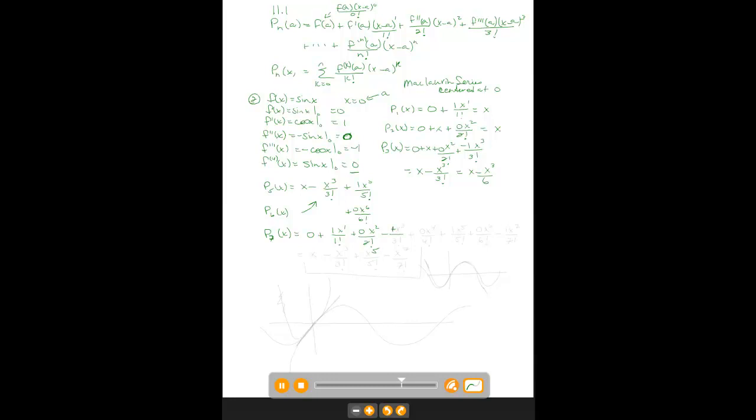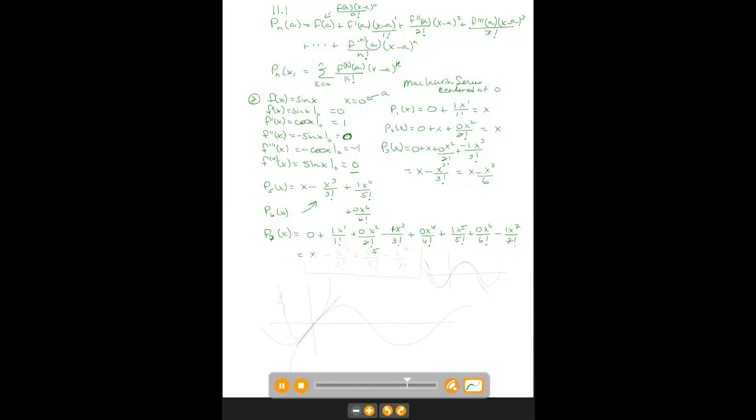The next one is negative 1, x cubed over 3 factorial. The next one is 0, x to the fourth over 4 factorial. The fifth derivative is back to 1, x to the fifth over 5 factorial. The sixth one is 0, x to the sixth over 6 factorial. And the seventh one is negative 1, x to the seventh over 7 factorial.